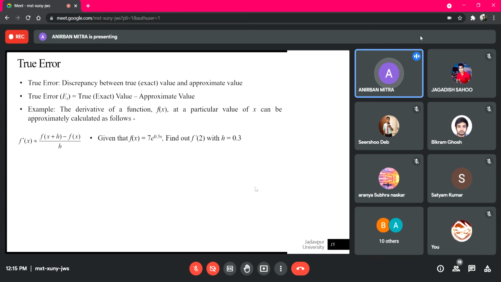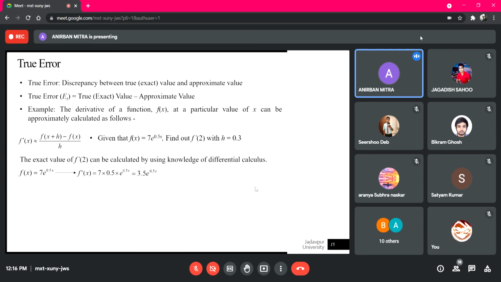Now, this is a very simple function. So, we can analytically solve and find out the exact value of f dash 2. This is known to us from our knowledge of differential calculus. So, f dash x would be 7 into 0.5 into e to the power 0.5x.